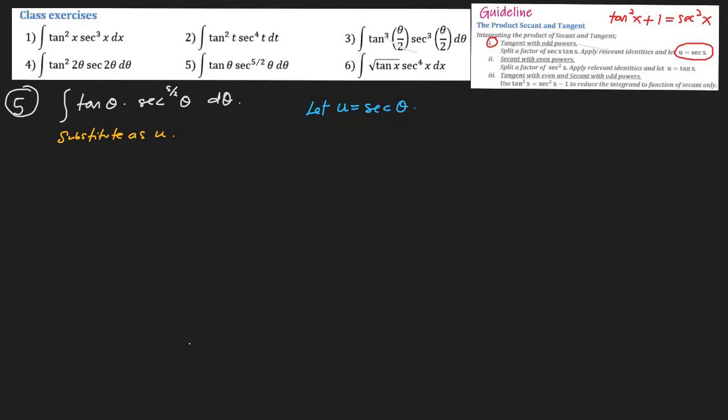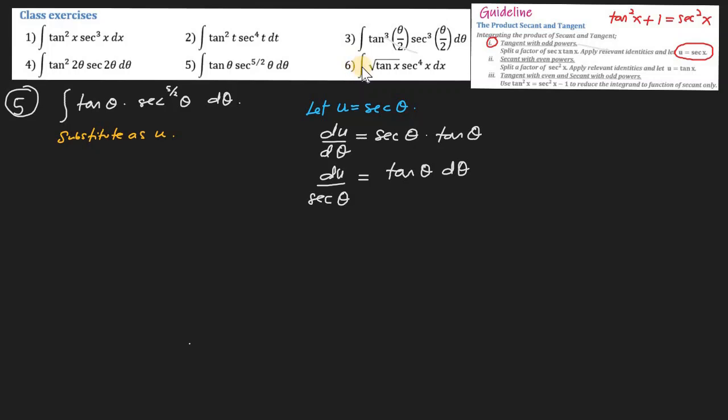For example, when we are differentiating du d theta, looking into your formula list, the derivative of secant is secant tangent. So hence you can get rid of that tangent theta d theta. Rearranging it so that we can read tangent theta d theta being du over secant theta.